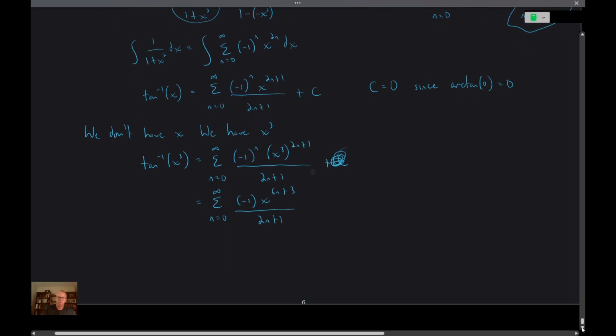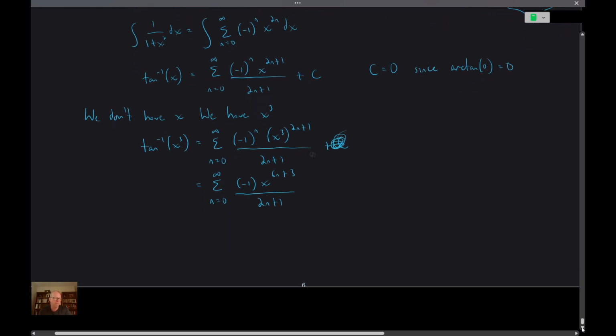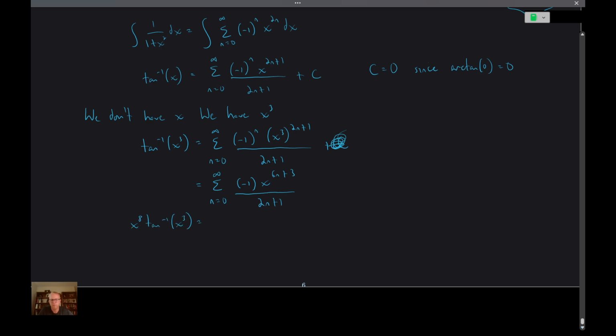Well, x to the 8th, of course, is not an infinite power series. It's just x to the 8th. So we can just multiply both of these by x to the 8th, because whatever x is, it's just a constant. So we're multiplying everything in this series by x to the 8th: negative 1 to the n, x to the 6n plus 3 over 2n plus 1.